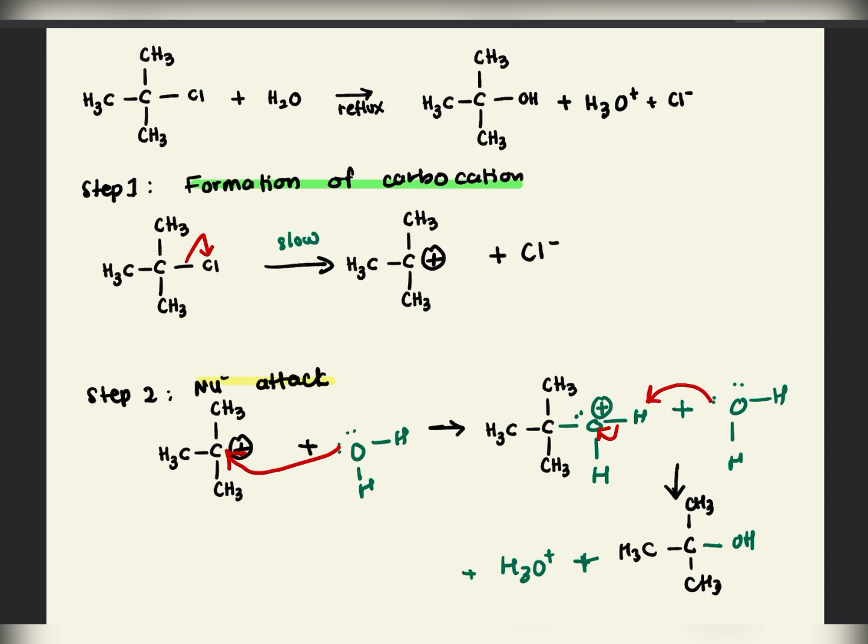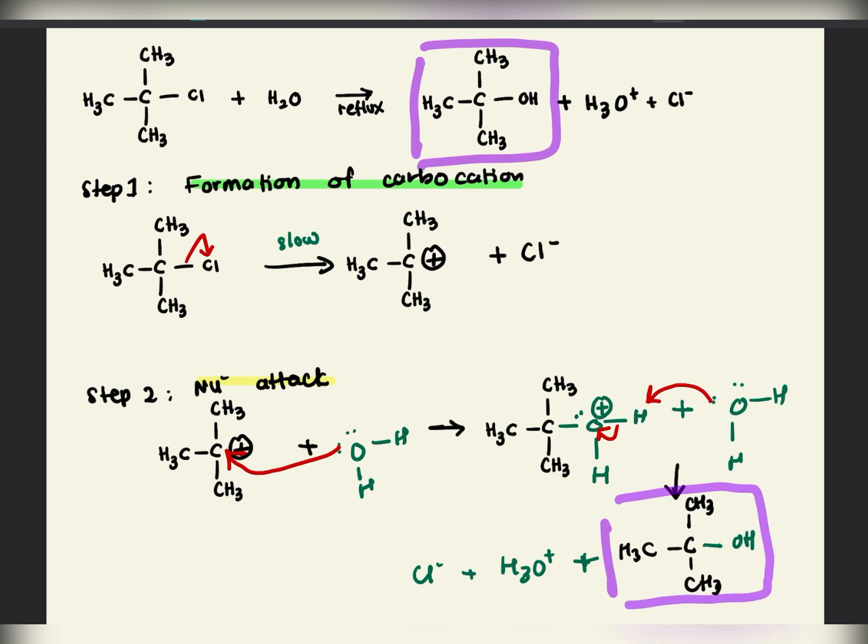So you ada 2 side product for this reaction. Okay, so itu beza dia kalau guna weak nucleophile. Dia akan attack 2 kali and akan form your final product, alcohol. OH akan substitute dekat position of your halogen, and your halogen akan leave sebagai halide ion, and you akan dapat balik H3O+.